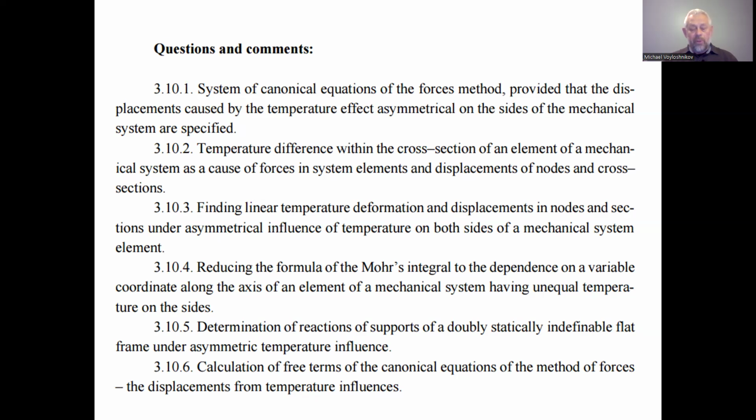3.10.4 Reducing the formula of the Mohr integral to the dependence on the variable coordinate along the axis in an element of the mechanical system having unequal temperatures on the sides.